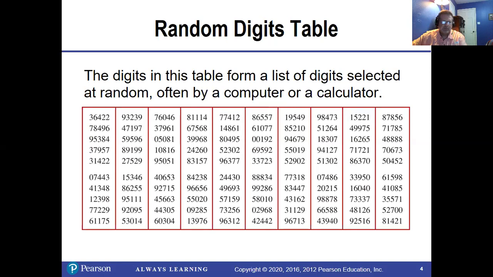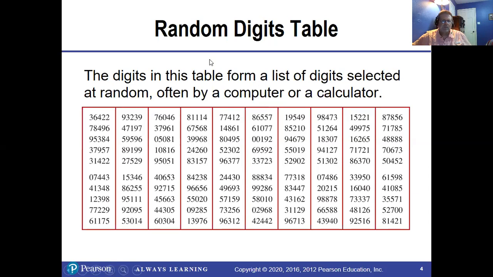Evens might represent something, odds may represent something else. They may do prime numbers. They may go 0 through 4, and 5 through 9, depending on how you want to use the table. If you use evens and odds, and you're counting the evens and odds of this first trial, you have basically 4 evens and 1 odd, so you have a 4 in 5 chance. And so you're just looking through and getting all these estimations.